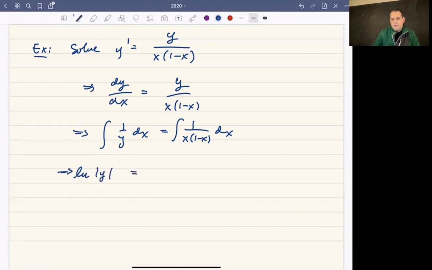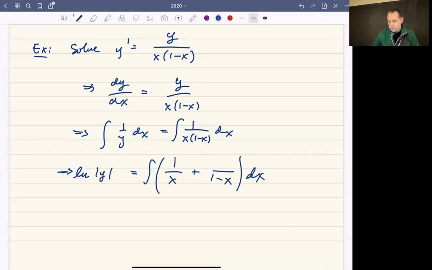The right side, we need to figure out how to address this. There's two ways. One is that you could distribute the bottom, complete the square, and do trig substitution. Don't do that. The other way is partial fractions. It turns out that partial fractions will be a much nicer way. We're going to have an x and 1 minus x, so let's see if we could just figure this out without going through the formal partial fraction decomposition process.